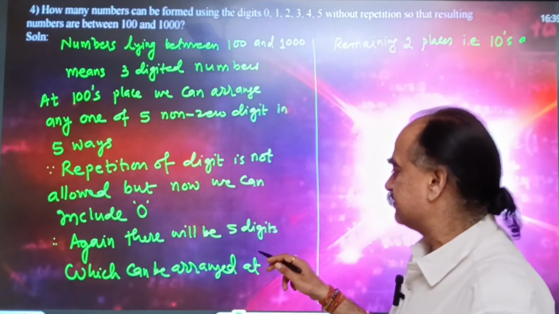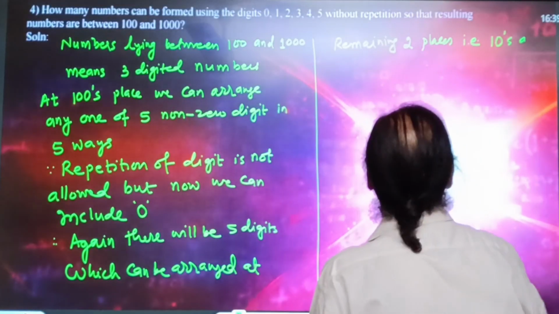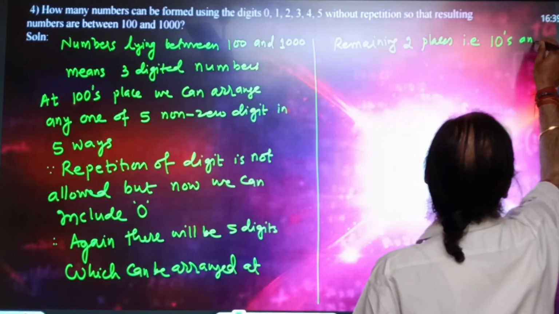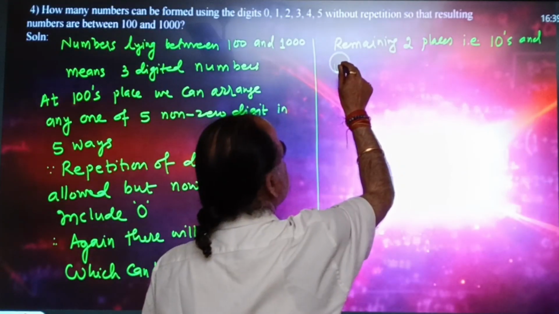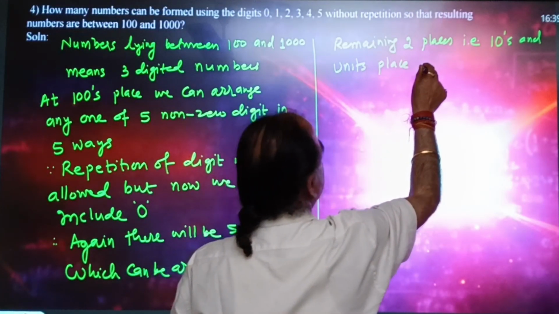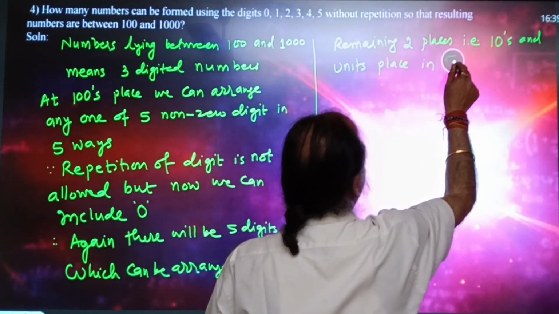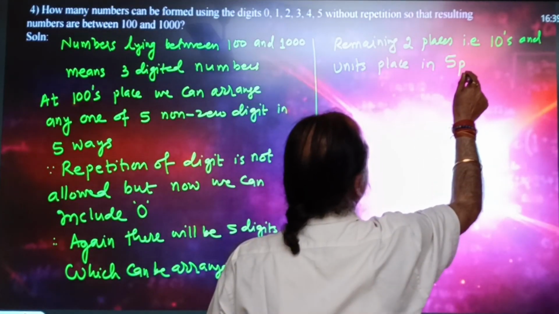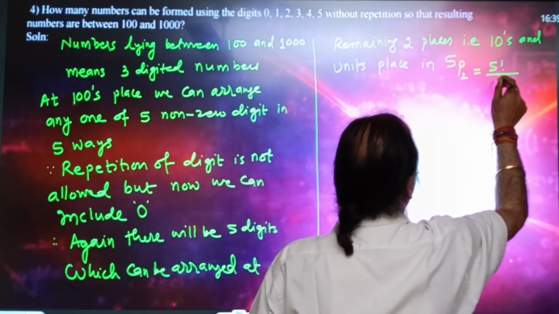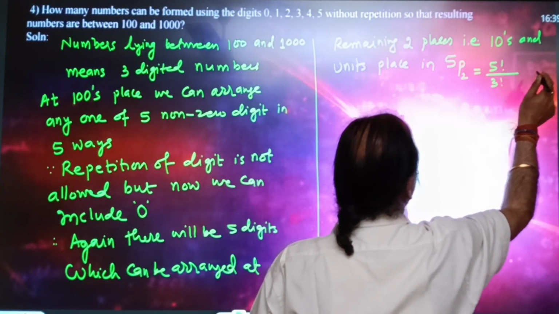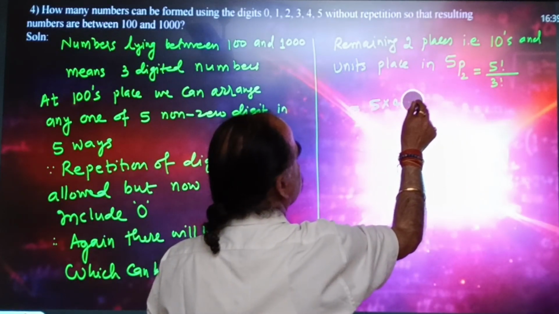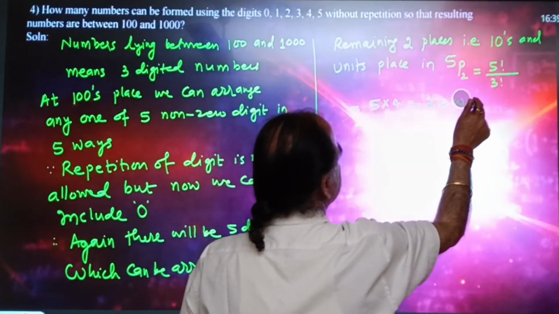Again there will be 5 digits which can be arranged at the remaining two places, tens and units place, in 5P2, which is 5 factorial upon 5 minus 2, that is 3 factorial, equal to 5 into 4, 20 ways.